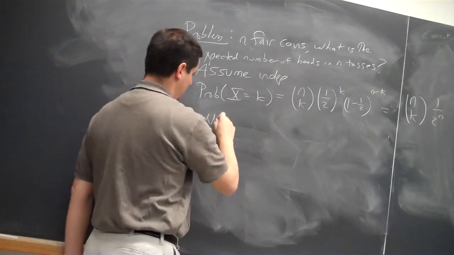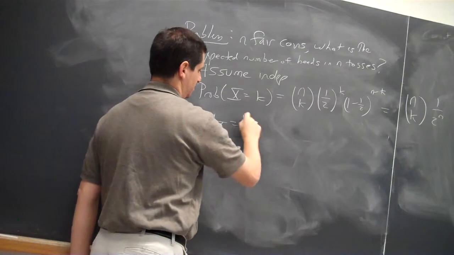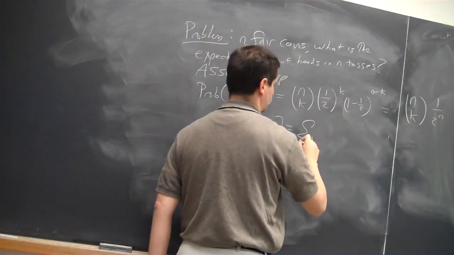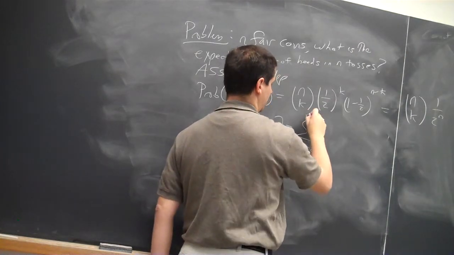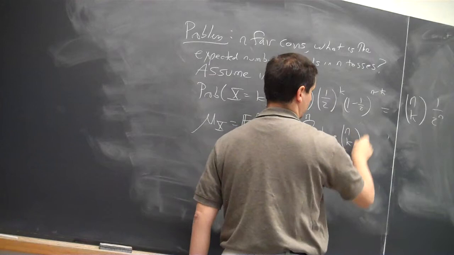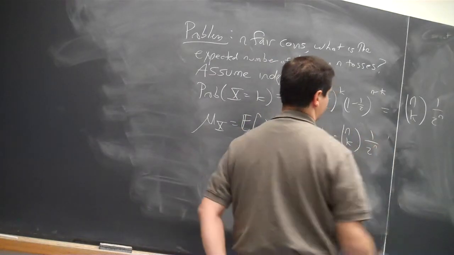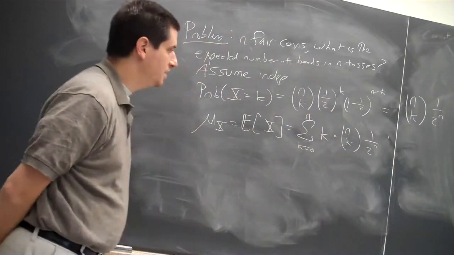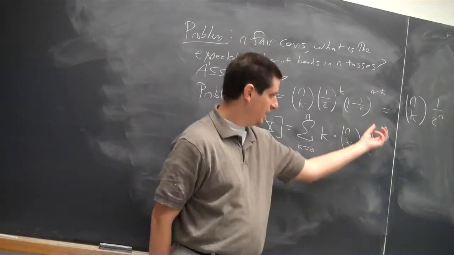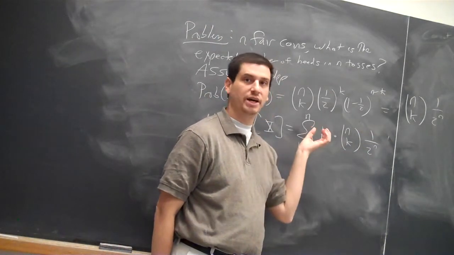So now, the mean, mu of x, is the expected value of x, is the sum, k goes from 0 to n, of k times n choose k, 1 over 2 to the n. There's lots of different ways to write the algebra. One thing that's particularly nice here is that I have the 1 over 2 to the n, and I can just pull that out.